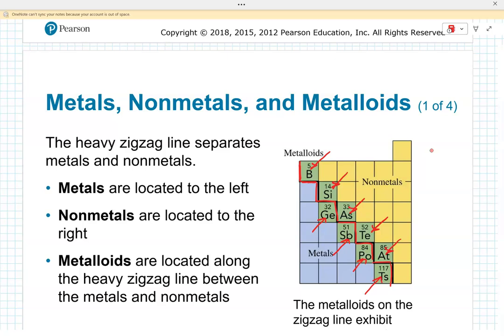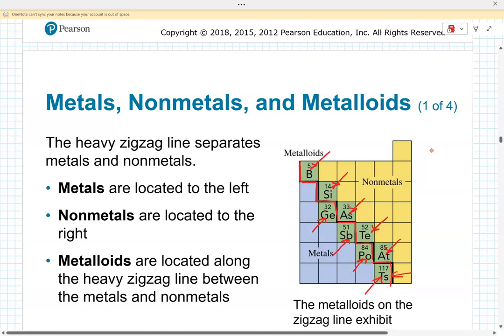And I don't remember what it's named for. It's one of the recent elements. Those are considered to be metalloids. So memorize it.